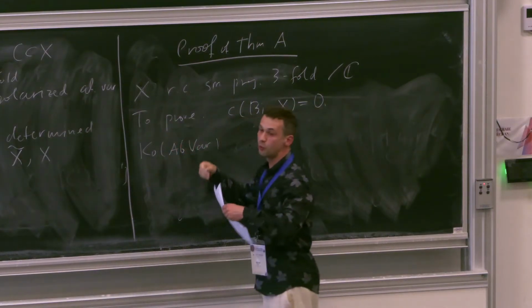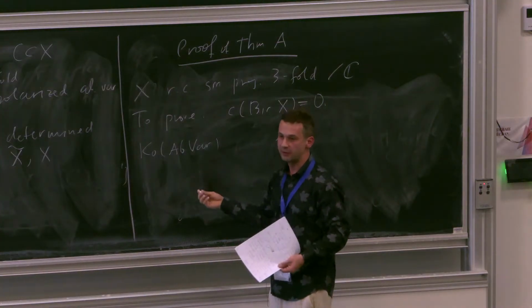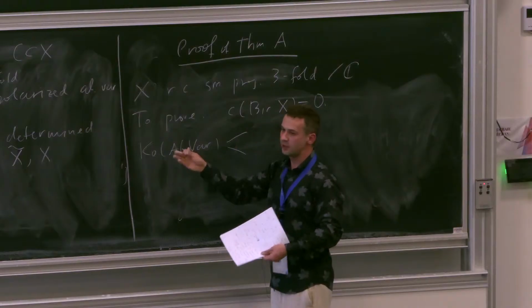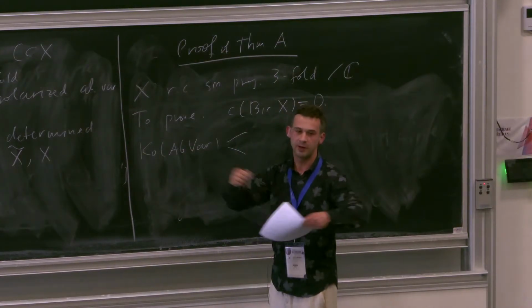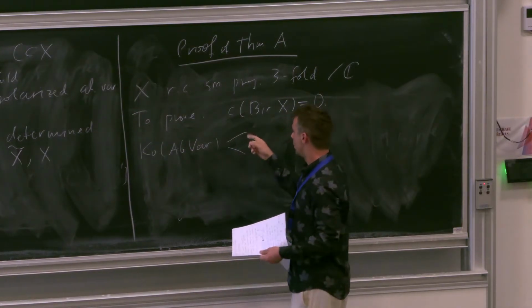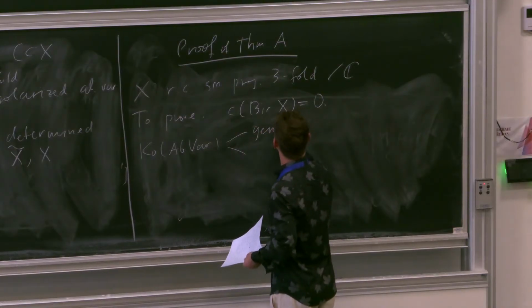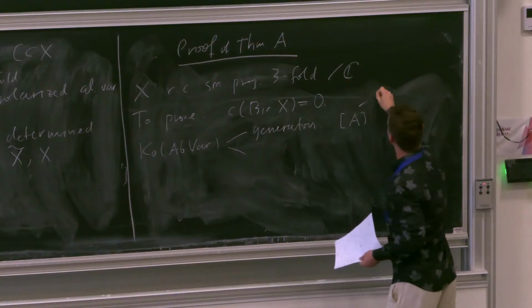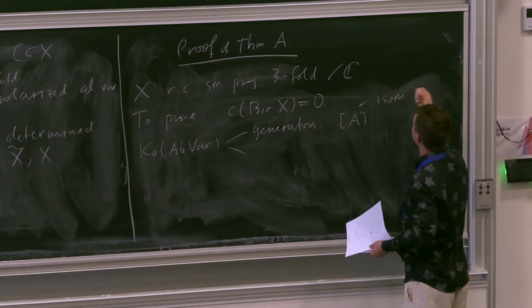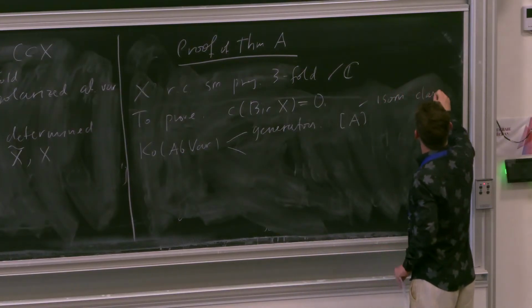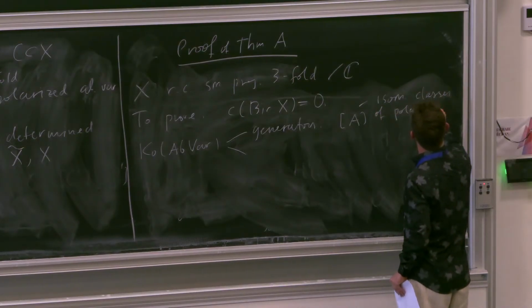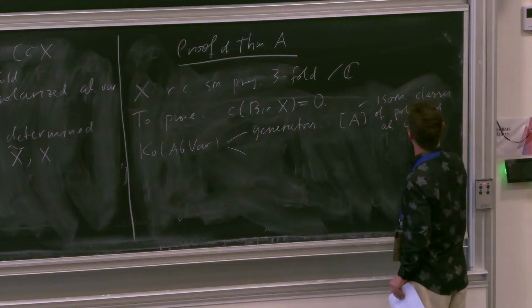So this will be the bookkeeping group for abelian varieties. Generally K0 means that I'm about to give you generators and relations, and relations will be some kind of splitting into pieces. So generators are isomorphism classes of principally polarized abelian varieties, as before.